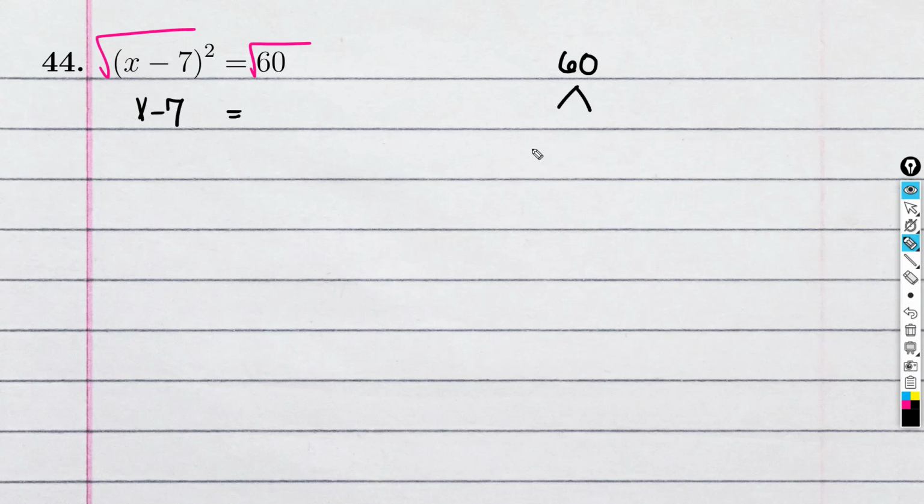So I have to go back to my chart, and I have to think of the numbers on that list that would divide into 60. And 4 is on that list, so 4 times 15 works. And so the square root of 4 is 2, so plus or minus 2 square roots of 15.